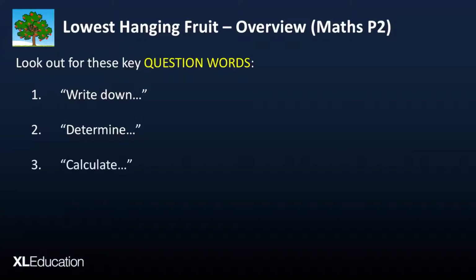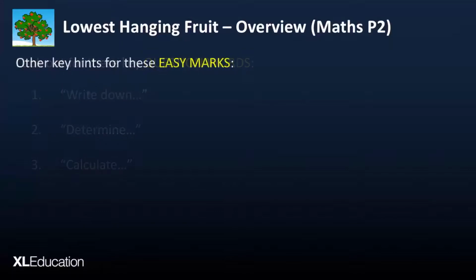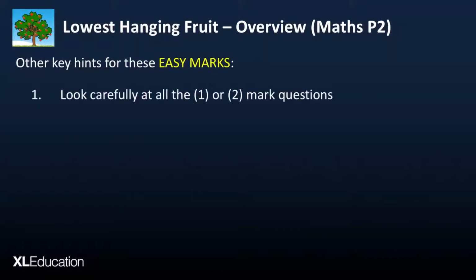Then calculate. Usually when they say calculate, you are going to discover that those are very easy marks. Other key hints for these easy marks is if you look at a question paper or a question and you identify all those 1 mark or 2 mark questions, those are usually easy marks.